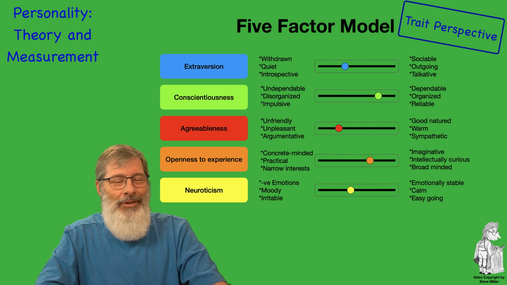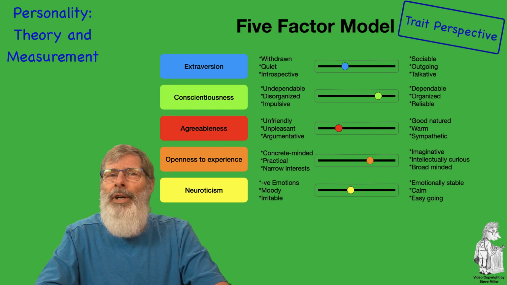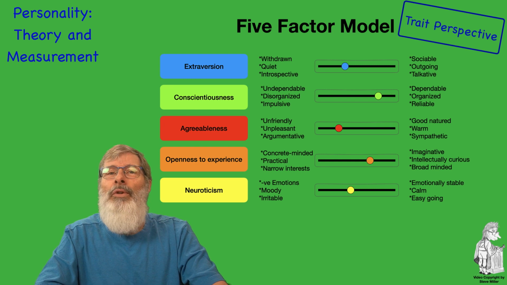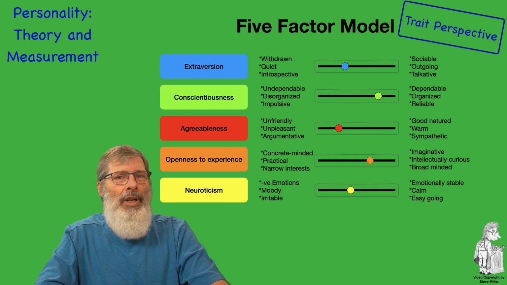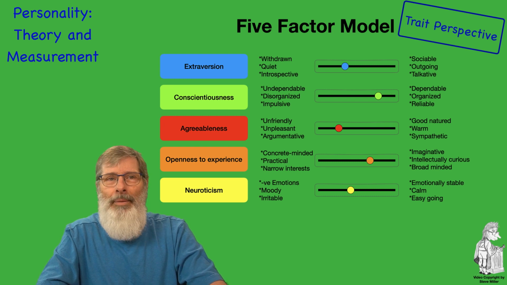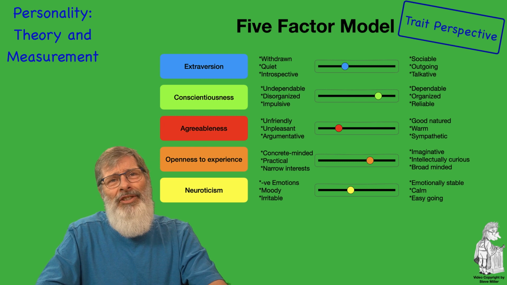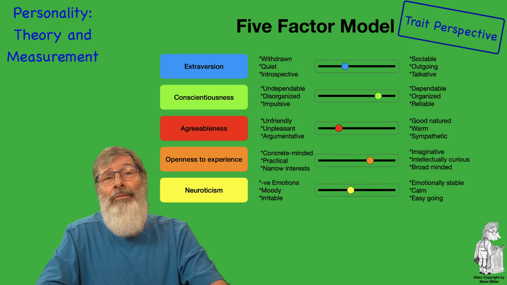The second trait is conscientiousness. Highly conscientious people are dependable, organized, reliable, responsible, thorough, hardworking, and persevering, versus the low end, which are disorganized, impulsive, unreliable, irresponsible, careless, negligent, and lazy.